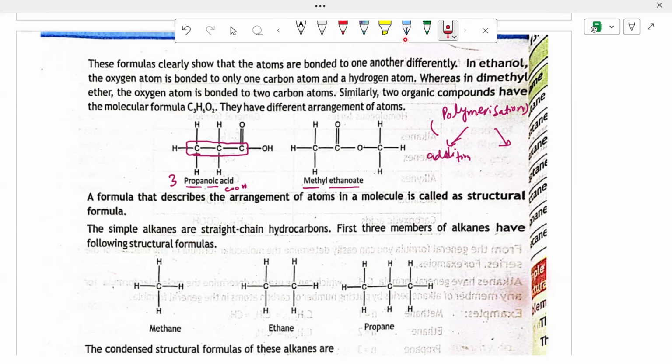Do we see any functional group attached to it? It tells me, I think, I forgot the name. It's like a carboxylic acid. Carboxylic acid. Okay. And what else can you tell about the structure?